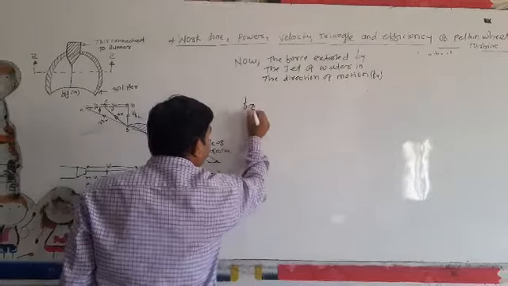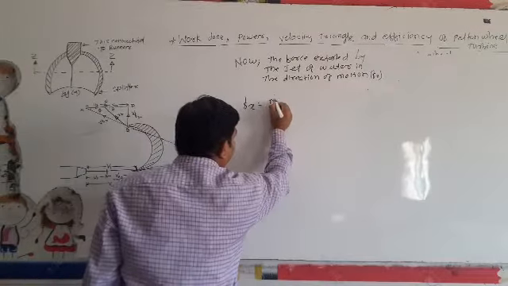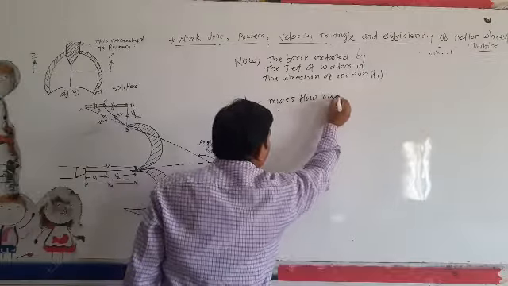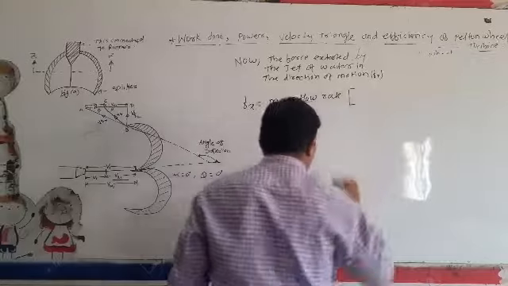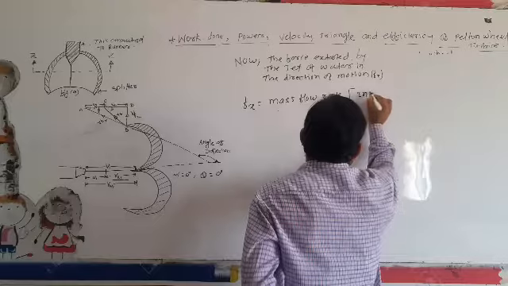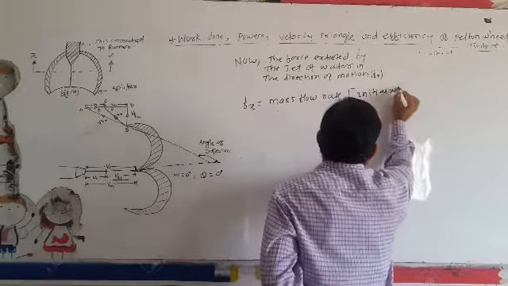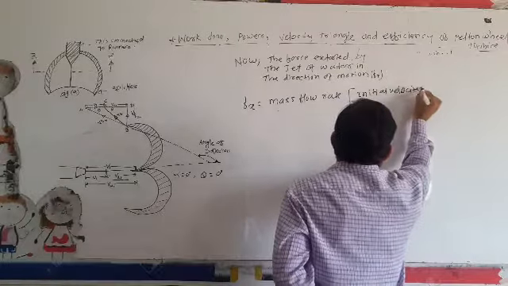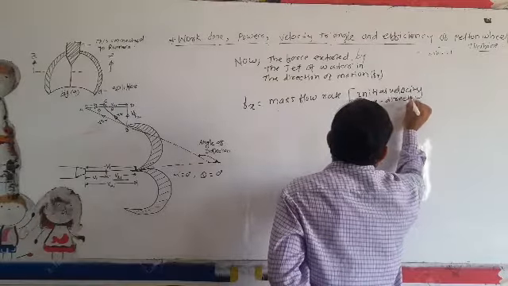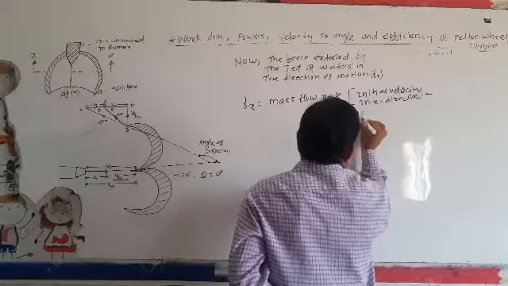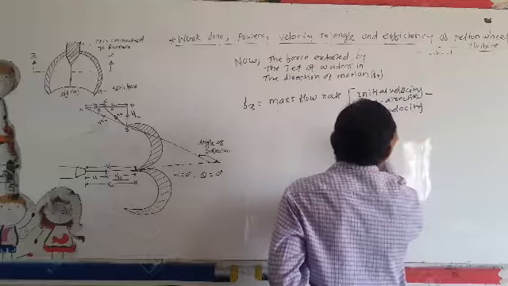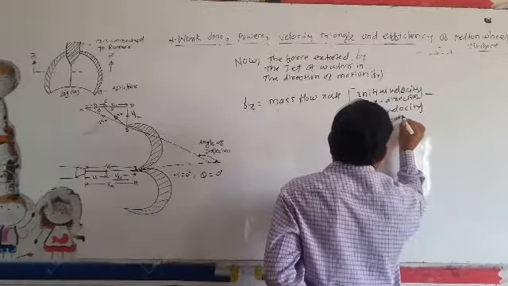Therefore Fx is equal to mass flow rate into initial velocity in x direction minus final velocity in x direction.